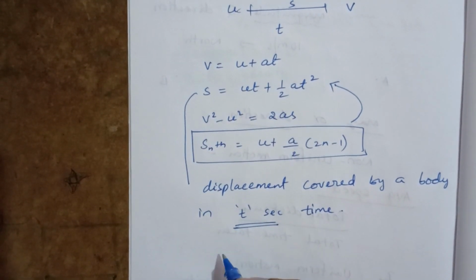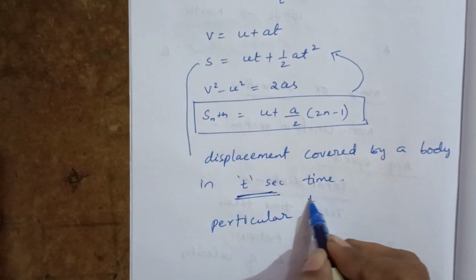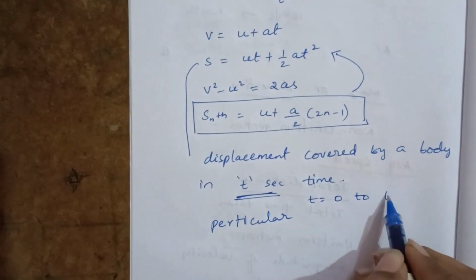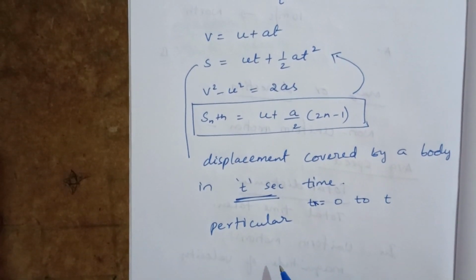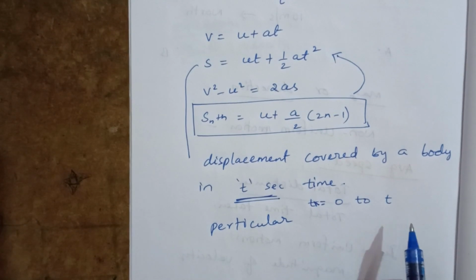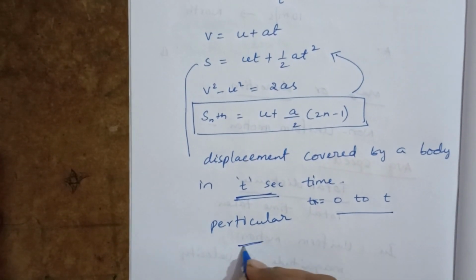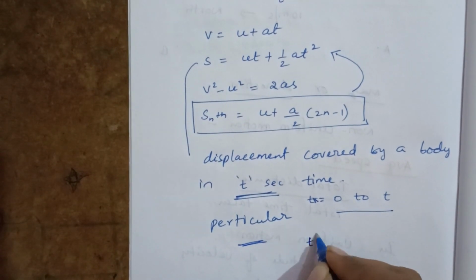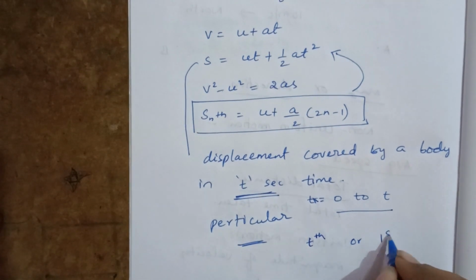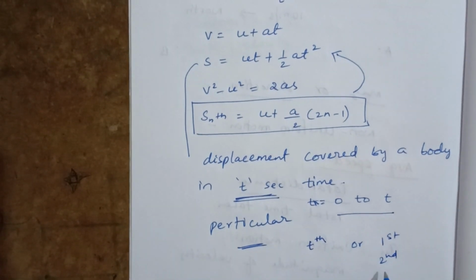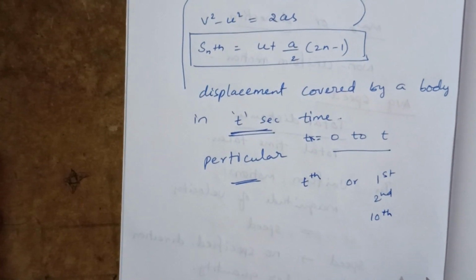In that, t seconds means from the start, t equal to 0 to t: 0 second, 1 second, 2 seconds, 3 seconds, 4 seconds, 5 seconds, like that 0 to t. Now a particular second means the tth second. For example, we can take the first second, second second, 10th second.